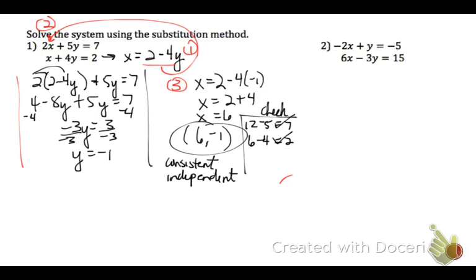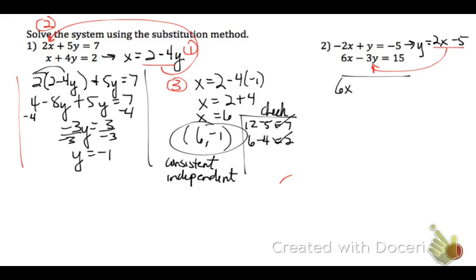So the first equation has y with a coefficient of 1. Add your 2x to both sides. And take that value and substitute it into the second equation.